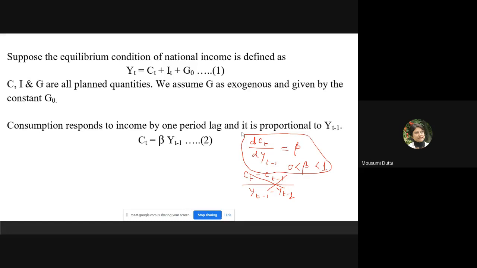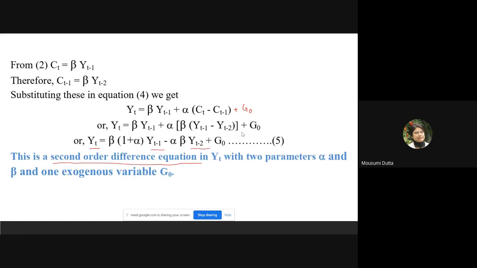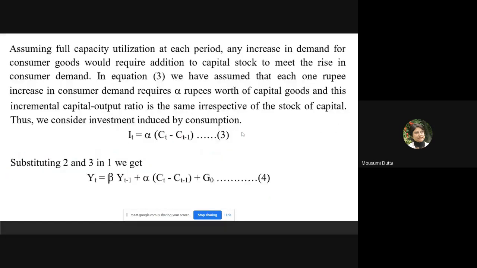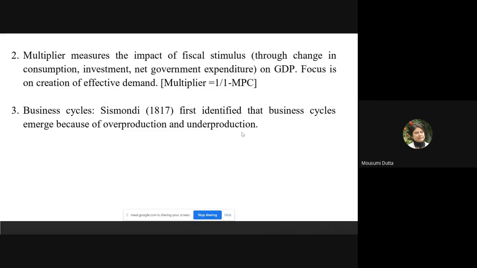Actually, just a minute. When I defined the multiplier, you will find that I used the term 1 minus MPC. The multiplier will be generated using calculus, etc. So the basic idea underlying macro modeling is not changing here.